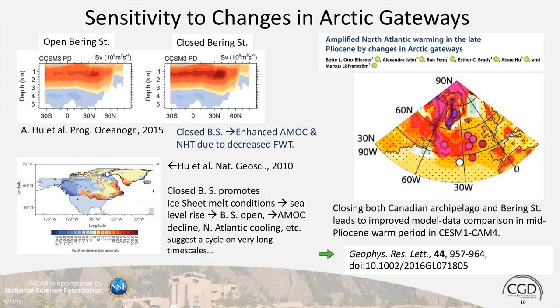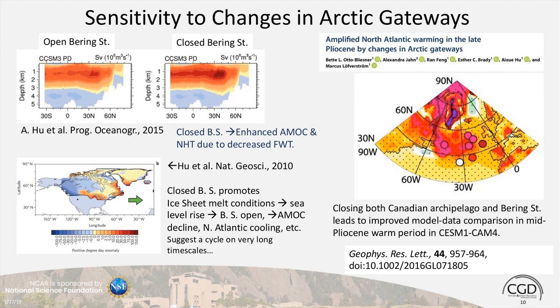Another study that we have conducted with the CCSM is looking at sensitivity to changes in Arctic gateways. And Aixue Hu has done a number of studies with many of the previous versions of CESM showing that when you close the Bering Strait in the North Atlantic and shut off the freshwater coming in from the Pacific, AMOC is enhanced. And northern heat transport is also increased due to the decreased freshwater transport into the regions where deep water is formed.